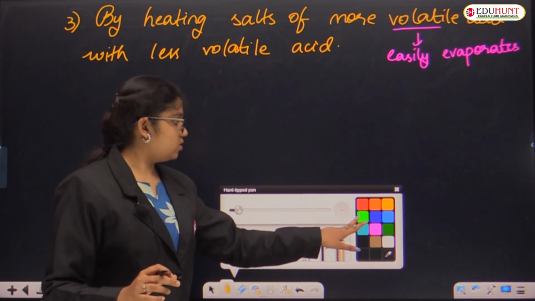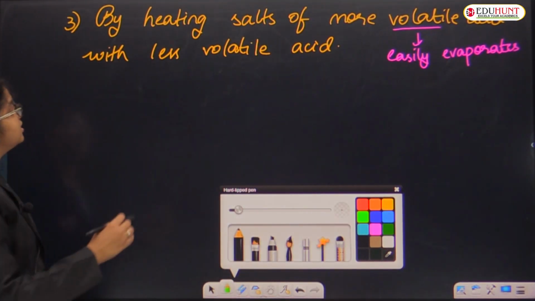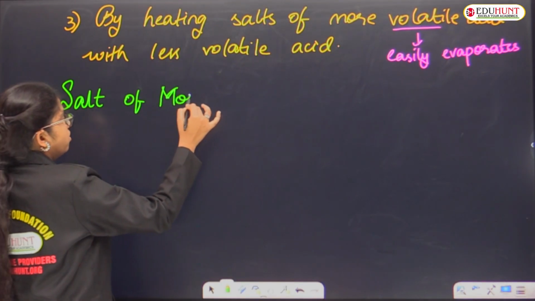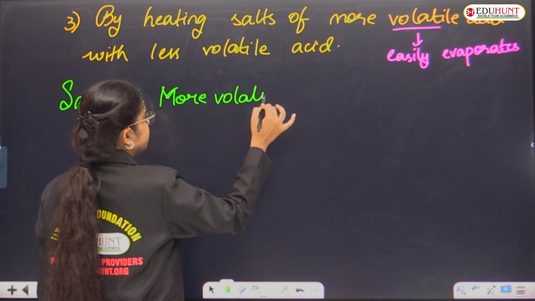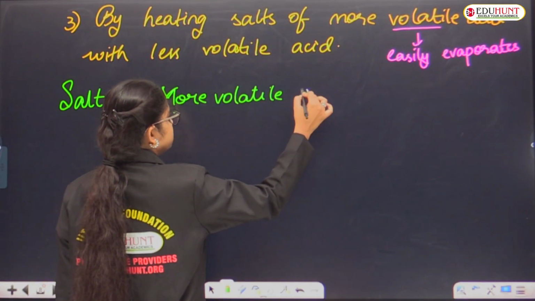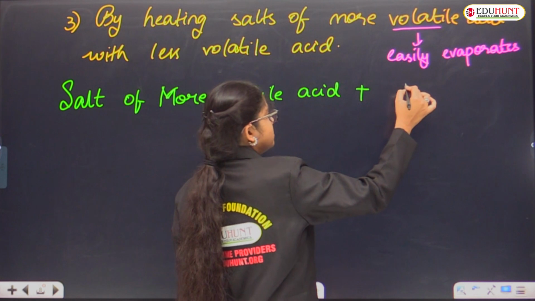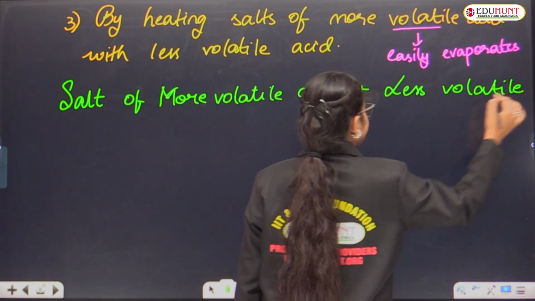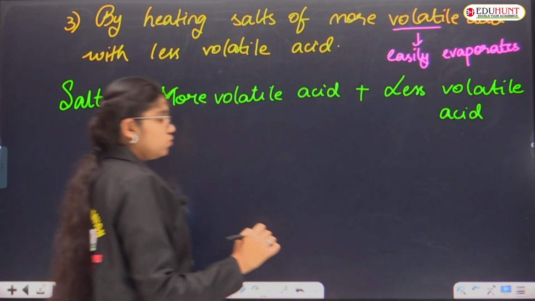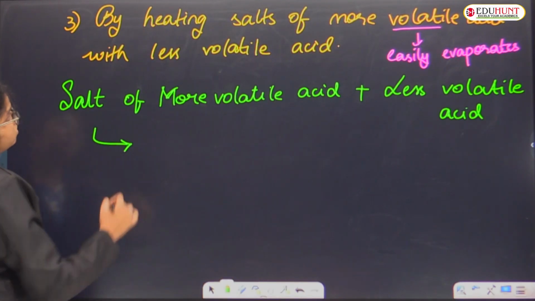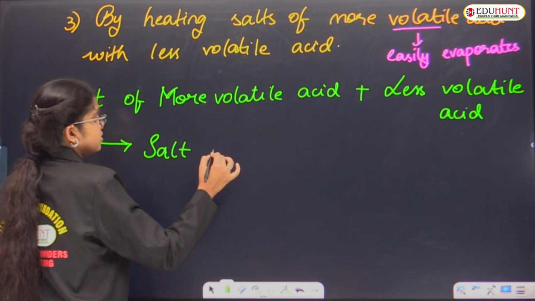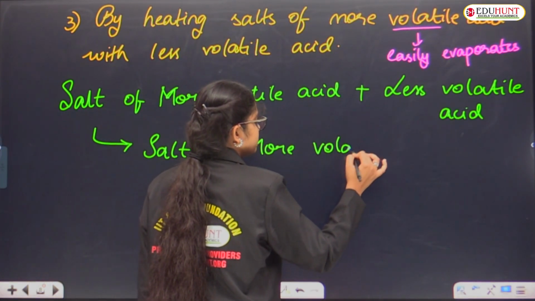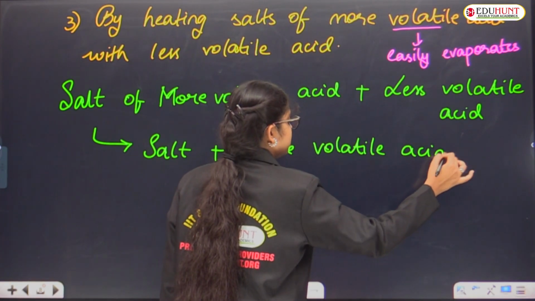Now, here we'll write the equation for you. Salt of more volatile acid plus less volatile acid gives rise to salt plus more volatile acid.